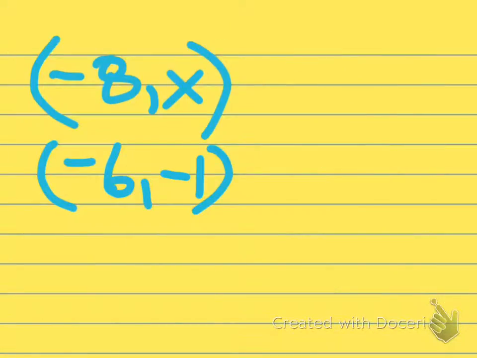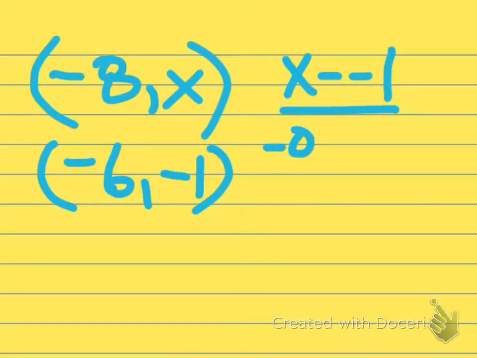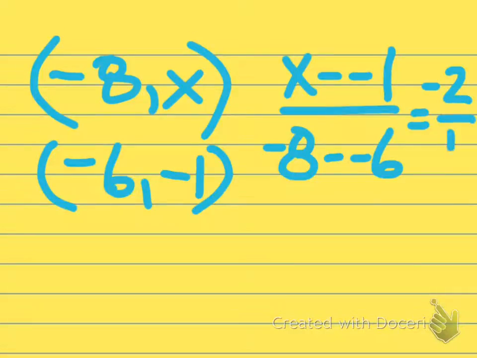So that means we're going to use the slope formula and put what we get equal to -2. So subtract the y's over the x's, put it equal to -2 over 1, and then I could cross multiply to solve this like a proportion. So I get -8 plus 6 is -2 times -2, which is 4.